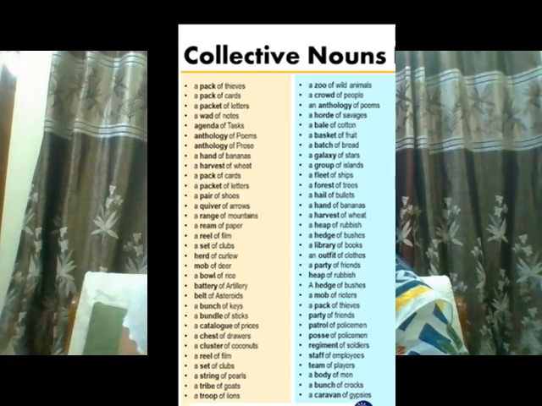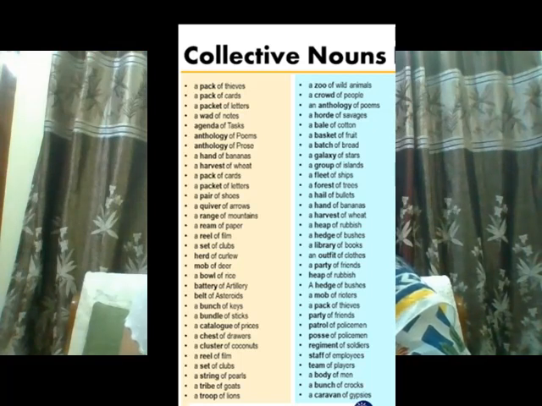Thieves is a common noun. Thieves means not one thief but a group of thieves, a group of people. Then we have a string of pearls. In this, string is a collective noun. Then we have a troop of lions, a fleet of ships.